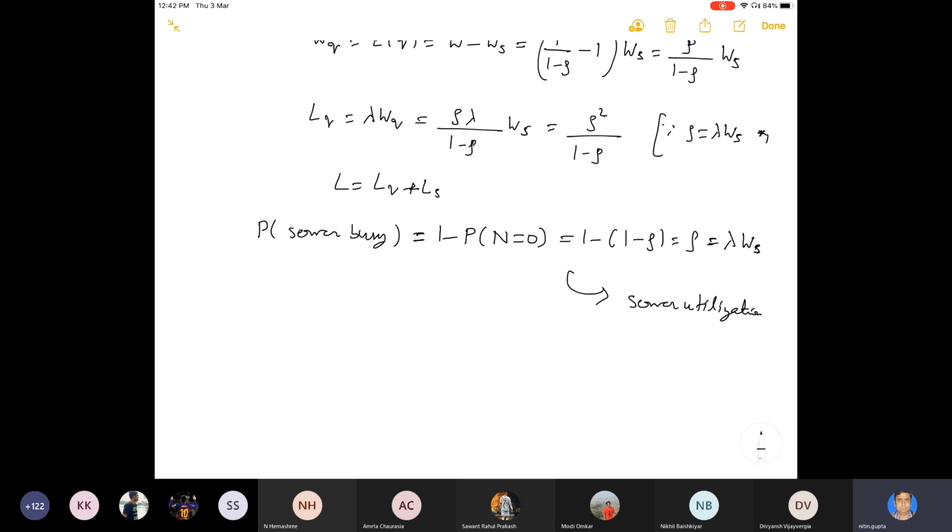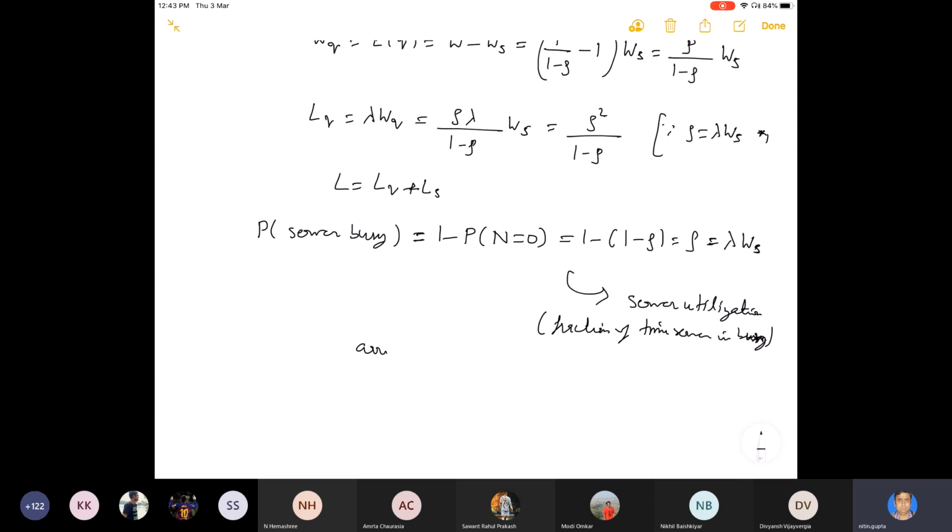That means the fraction of time the server is busy. And rho is lambda by mu.